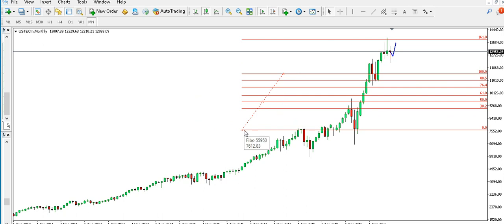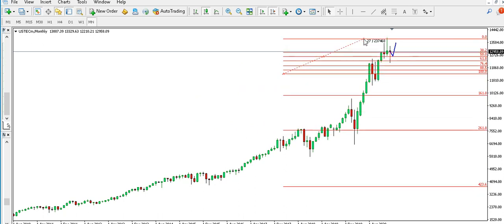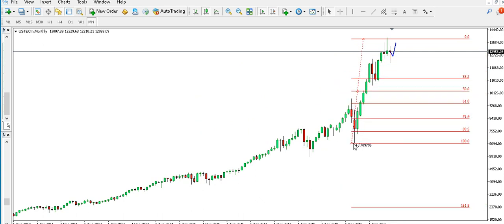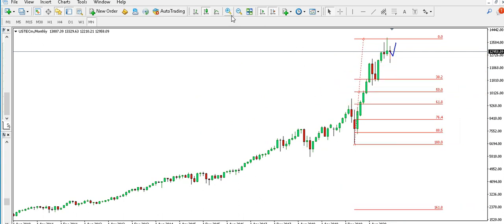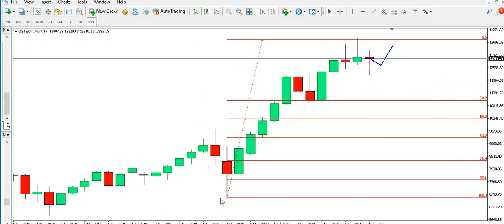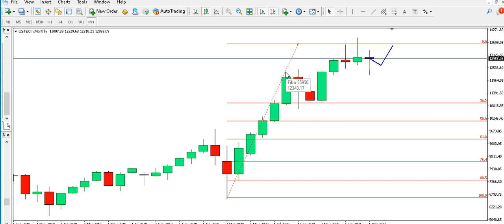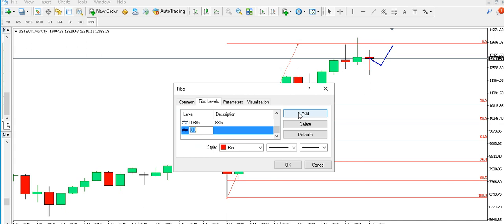So to start with, on the monthly chart, this will be my base. And then I forgot 23.6, so this was 23.6, 26.4, thereabouts.